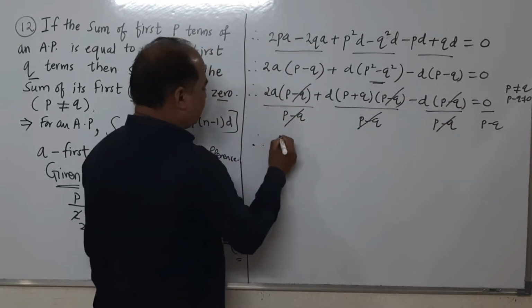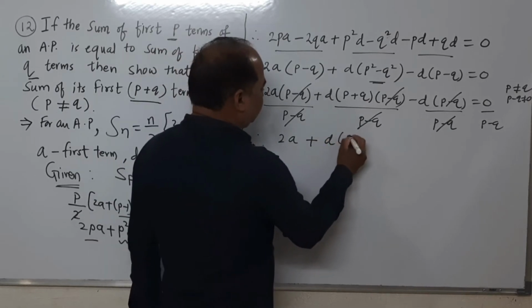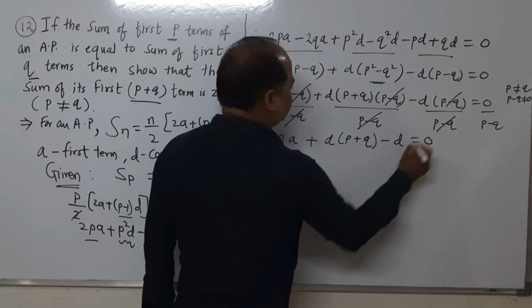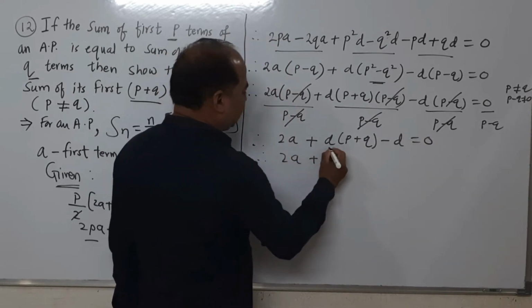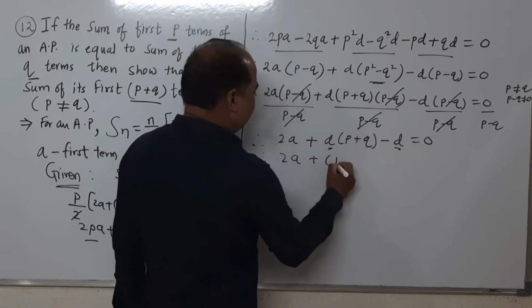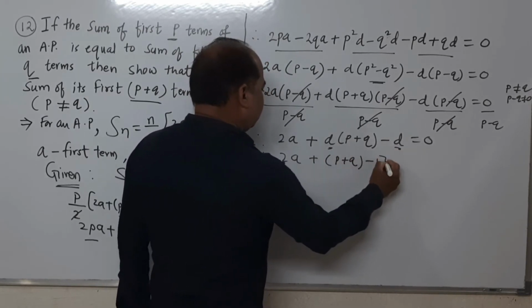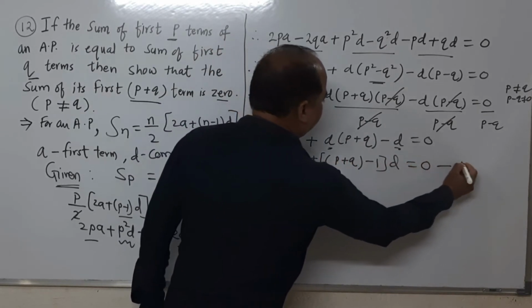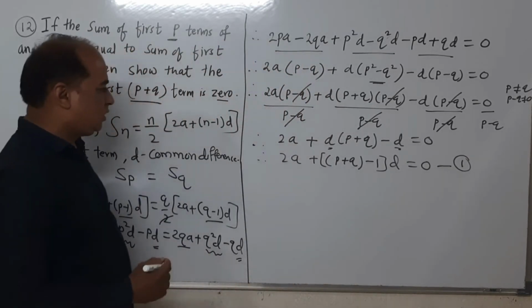So we get 2a plus d into p plus q minus d is equal to 0. Therefore 2a plus, taking d common, p plus q minus 1 into d equal to 0. We name this equation number 1.